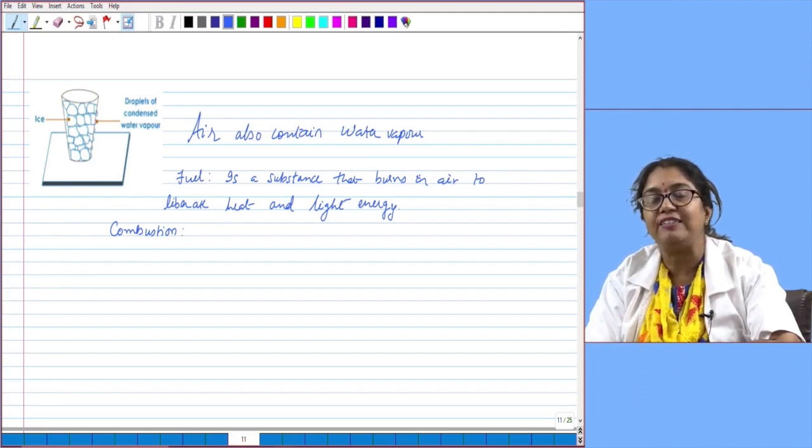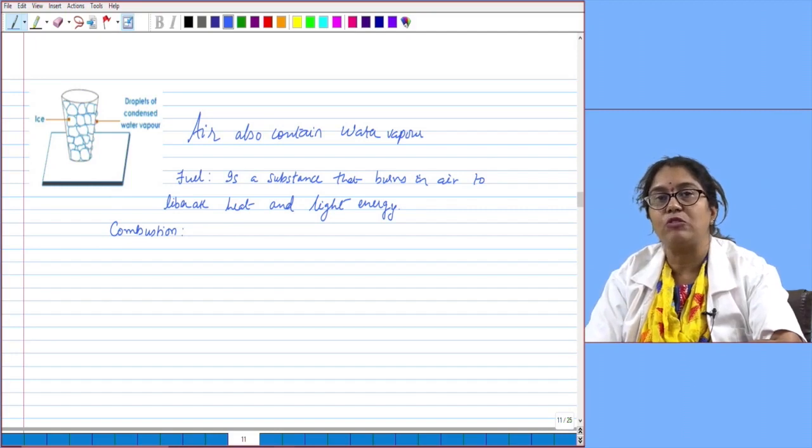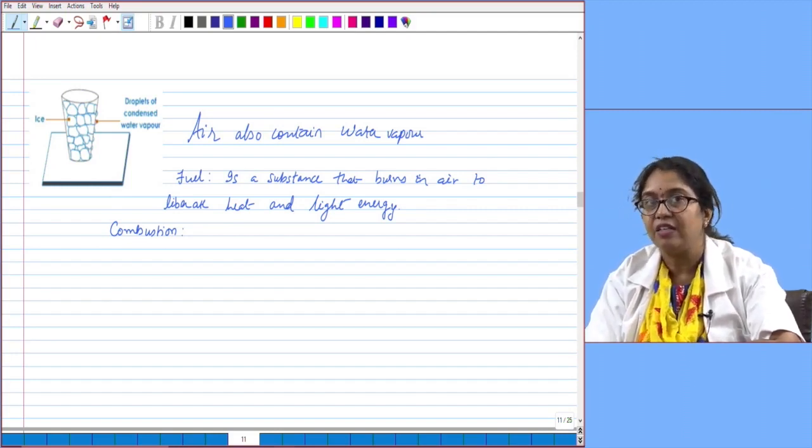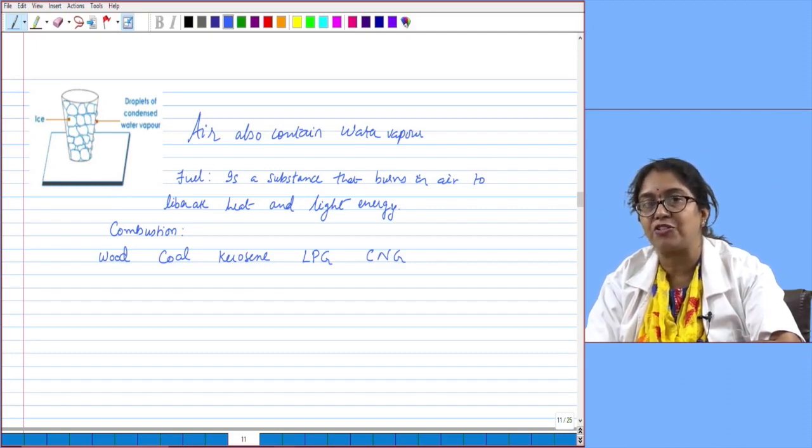It is mostly this heat energy, liberated because of combustion, which is used for various purposes like cooking, generation of thermal electric power, and also for various industries where heating is required. Now this process of combustion releases two important gases, that is carbon dioxide and water vapor.